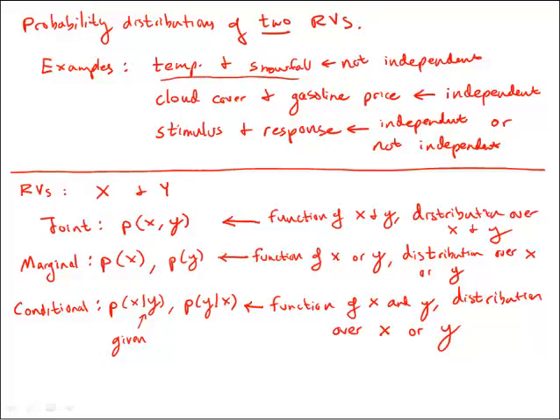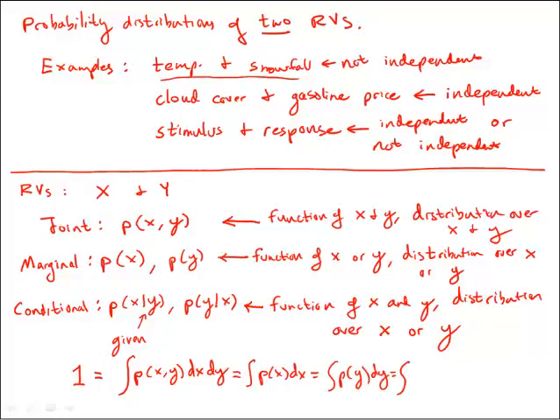So what actually integrates to 1? We know all probability distributions will integrate to 1 if you integrate them with respect to the random variable over which they are distributions. So to integrate the joint distribution to 1, we integrate over x and y. To integrate the marginal distribution to 1, we integrate over just the variable that remains.